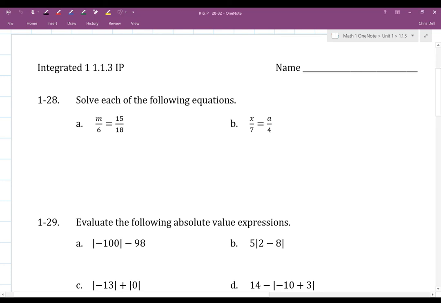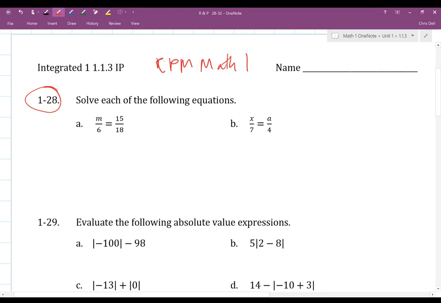We are looking at a problem that has to do with solving equations. In this case, you can look at these as equations with fractions, or you can even call them proportions. These are proportional equations. So I'm pulling these questions. This one I'm going to be doing is 1-28, and this is from CPM's Math 1, right?